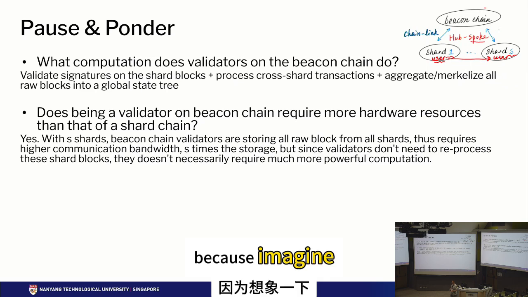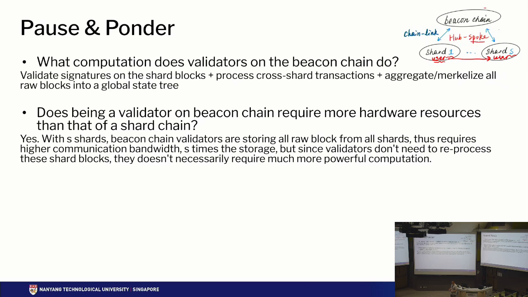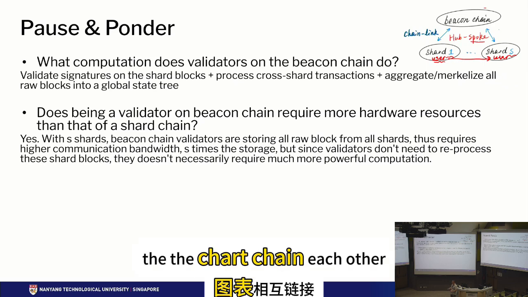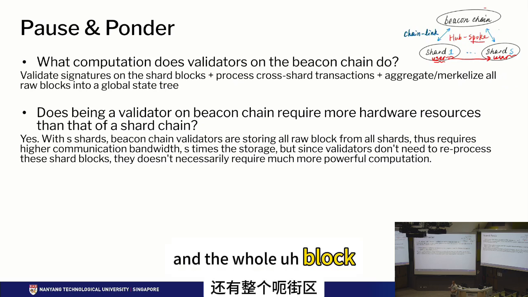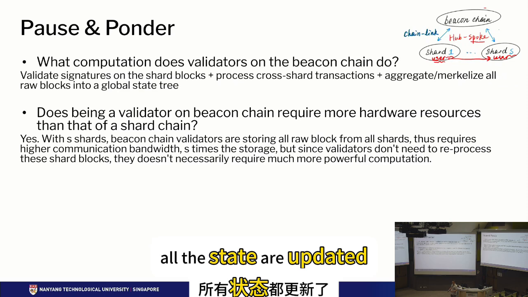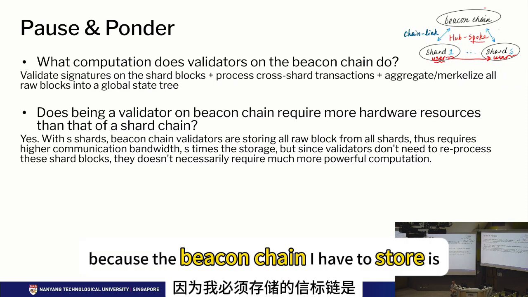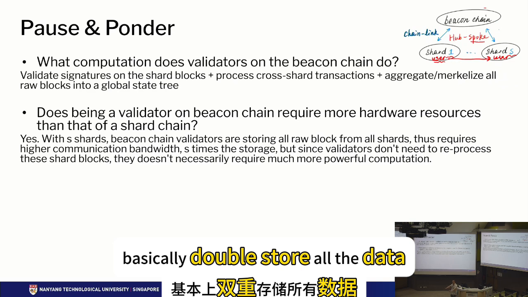Imagine if there's cross-shard communication, I have to update the shard chains with each other. And I need to communicate the whole block and make sure all the states are updated. The storage will also be multiplied, because the beacon chain basically double stores all the data.